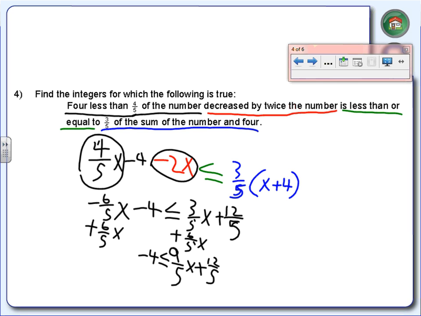Now we're going to subtract the 12/5. And a negative 4 minus 12/5 is, what is that? Oh, yeah, thank you.